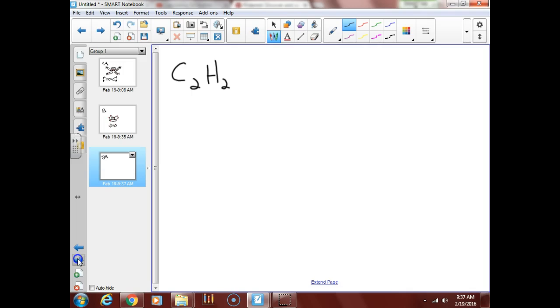C2H2, not C2H4. So this is very similar, except you only have 2 H's and not 4. So I'm going to put my 1 valence electron for each of my hydrogens. And then carbon has 4 valence electrons.